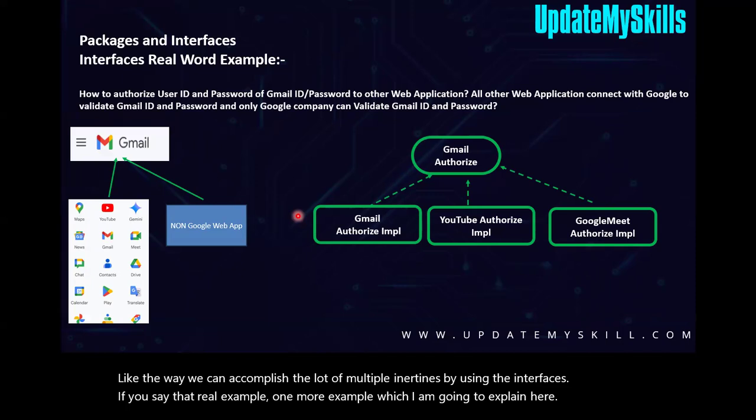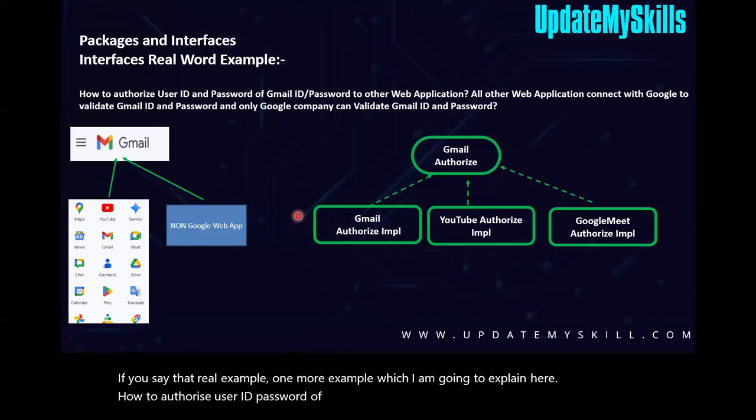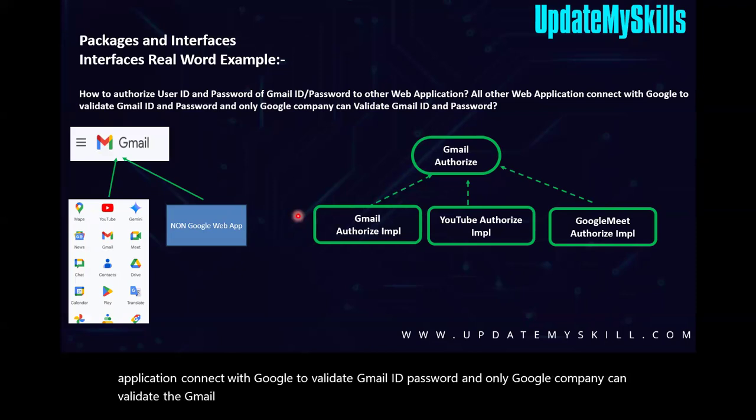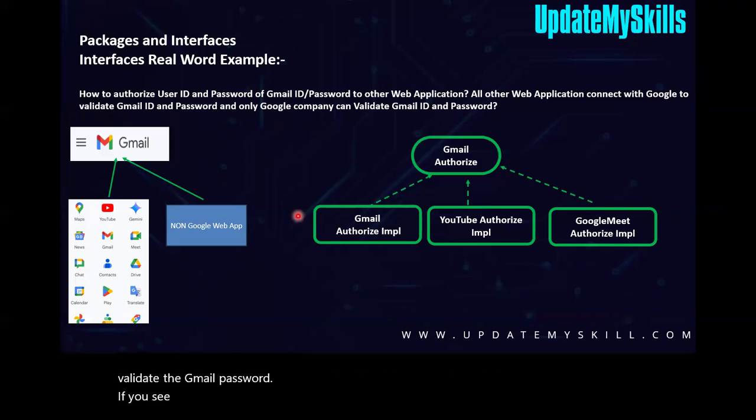How to authorize user ID and password of Gmail for other applications. All other web applications connect with Google to validate a Gmail ID and password, and only the Google company can validate the Gmail password. If you see here, when you log into Gmail, you enter a user ID and password.